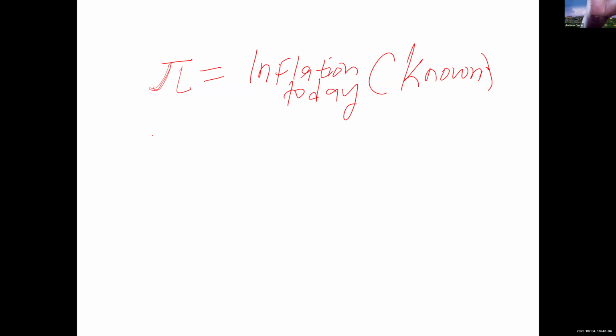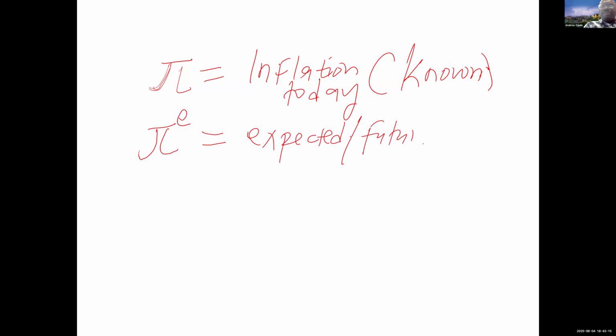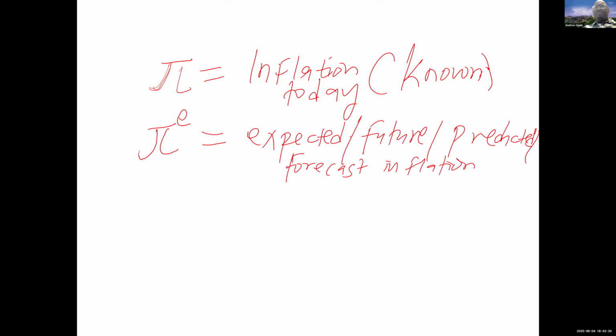So we're going to define pi^e, which we're going to call expected inflation. You can call it future inflation or predicted inflation, or even forecast inflation; they mean the same thing. So this is future inflation. Inflation tomorrow is not known, but it's expected. It's predicted by the market.